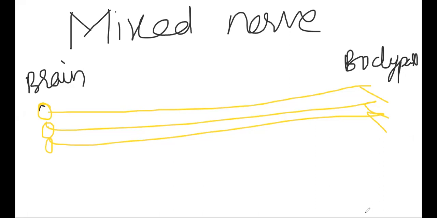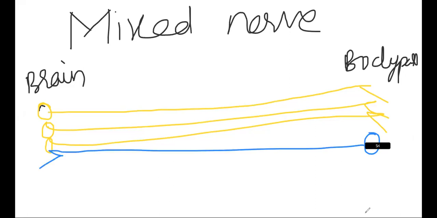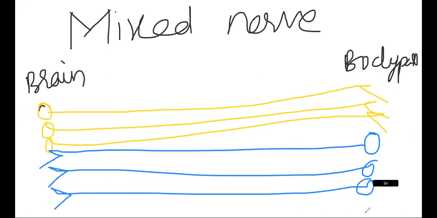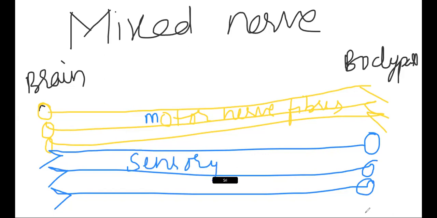We should start at the brain and go to the body parts. These are motor nerve fibers, and these are sensory nerve fibers.